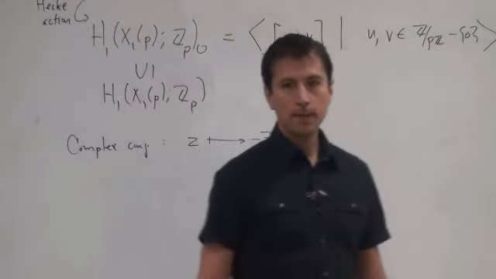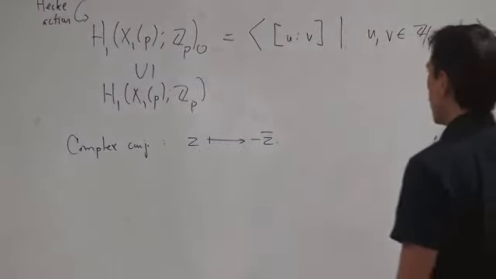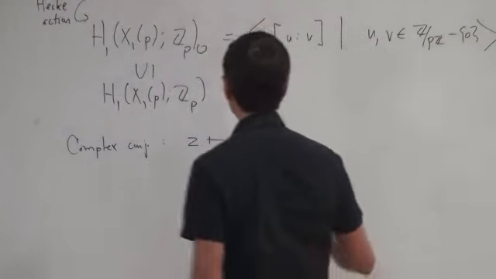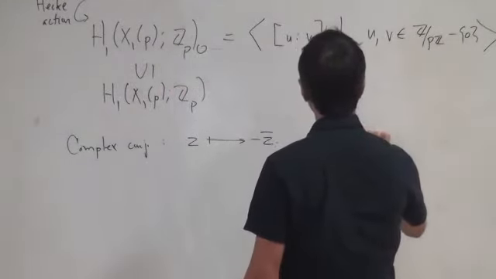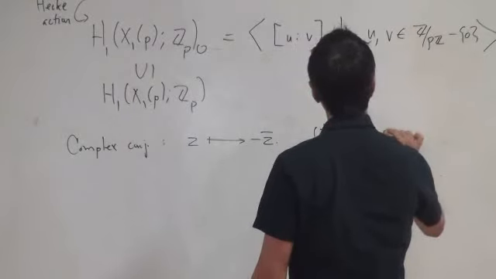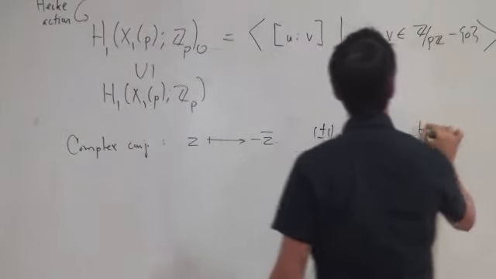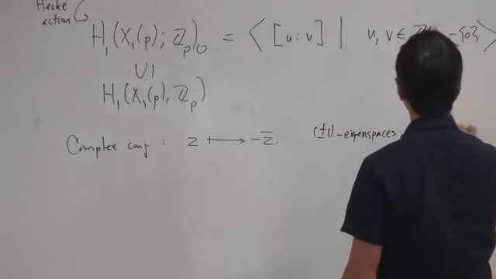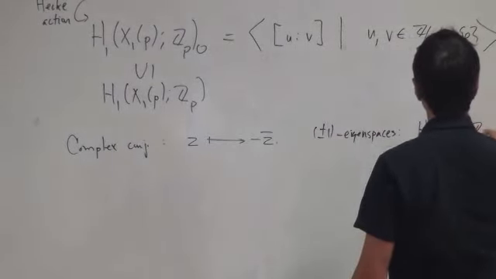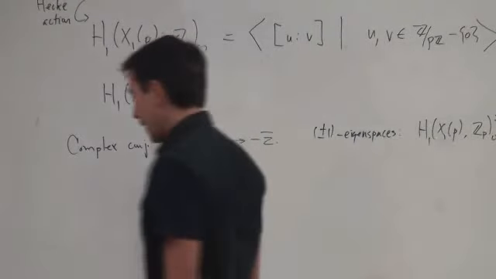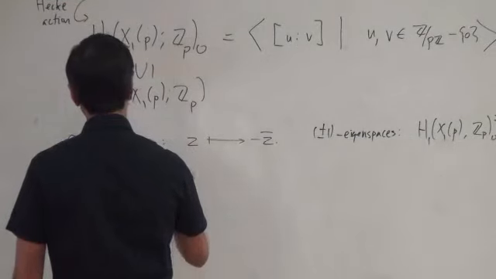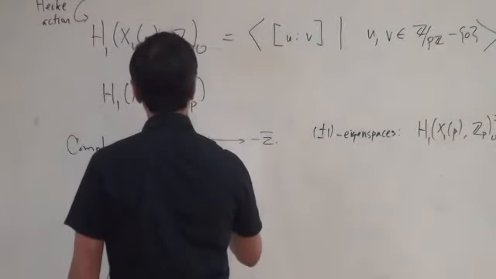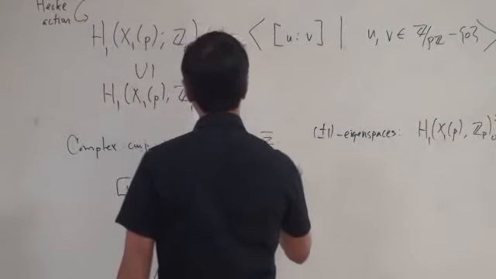If I take the plus or minus 1 eigenspaces, this gives me modules H_1(X_1(p), Z_p)_0 plus or minus.